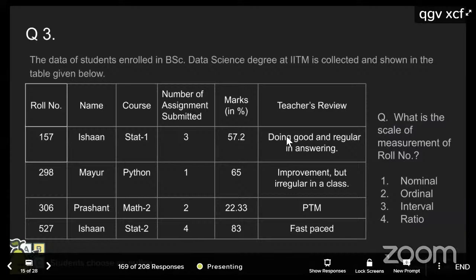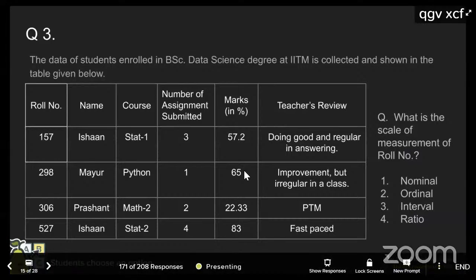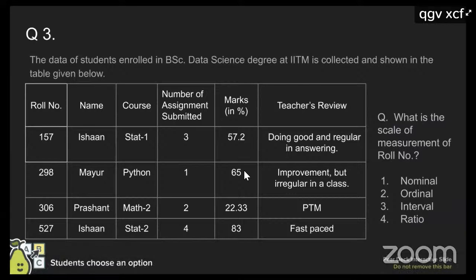There are 169 responses. Let's wait. Have you told about the scales? No. You have to do that on your own. I mean, scales were not in these slides.